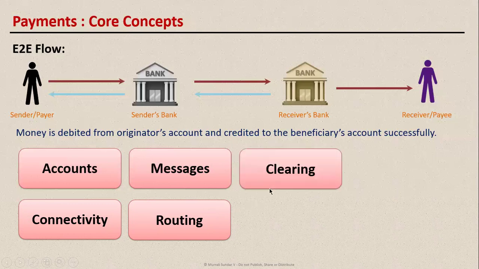So next one is clearing. Clearing is something that happens in the middle of the sender and receiver bank. This is a concept where the payments are validated, I would say, and sent to the receiver bank. And settlement is something that a central bank will do.